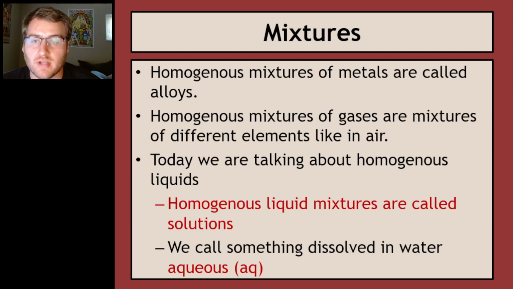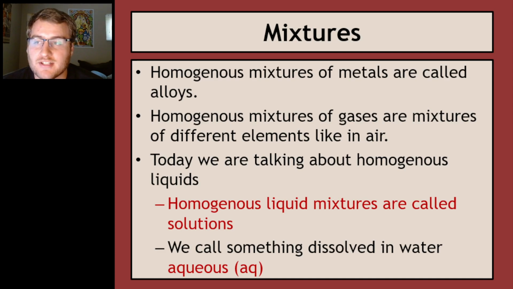Now, you can have mixtures of solids, liquids, gases, or some combinations of them. A homogeneous mixture of a metal is an alloy. That's multiple different types of metals joined together. You have a couple different types of alloys we learned about. Homogeneous mixtures of gases exist, and things like our air that we breathe is all sorts of different gases relatively evenly mixed together.